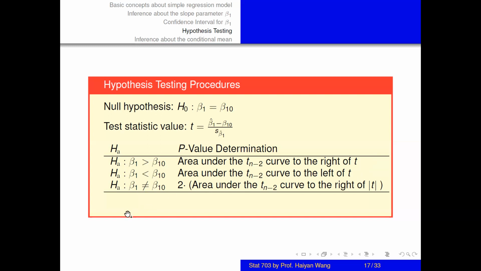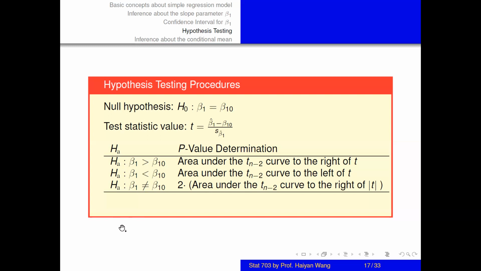The last one is the two-sided test. For the two-sided test, we just care whether beta 1 equals beta 1 0 versus not equal to beta 1 0. For this case, departure from beta 1 0 on either side, too large or too small, both indicate that beta 1 hat and beta 1 0 are truly different.